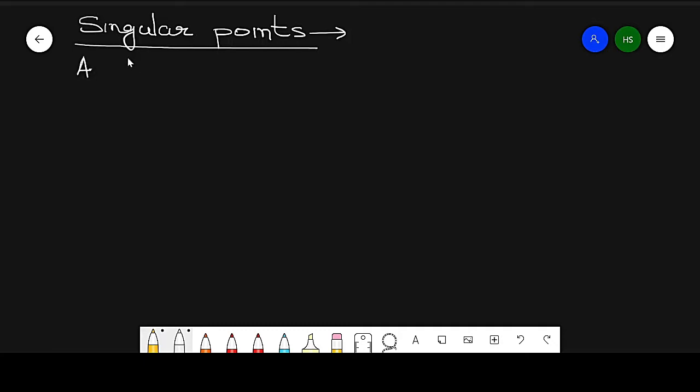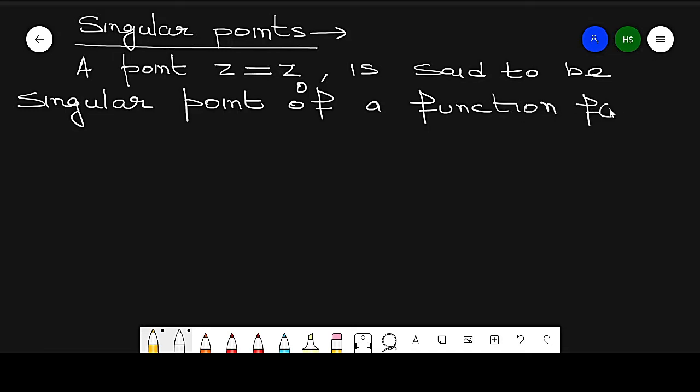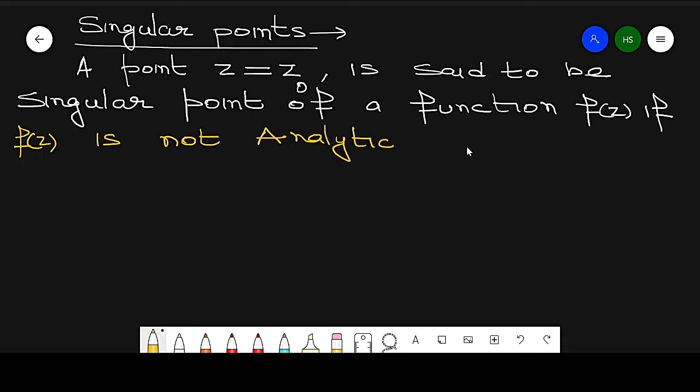A point z equal to z0 is said to be a singular point of a function f(z) if f(z) is not analytic at z equal to z0.